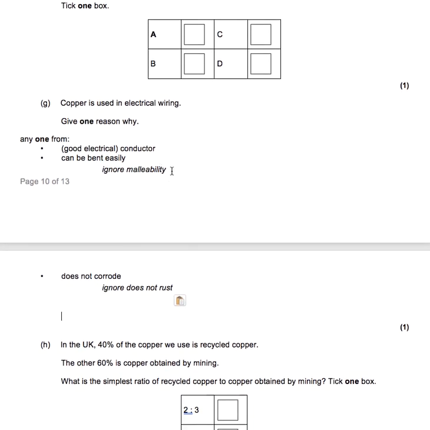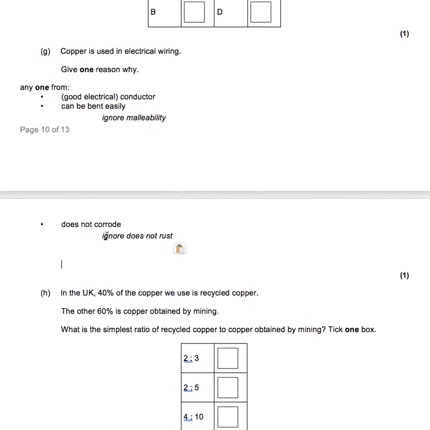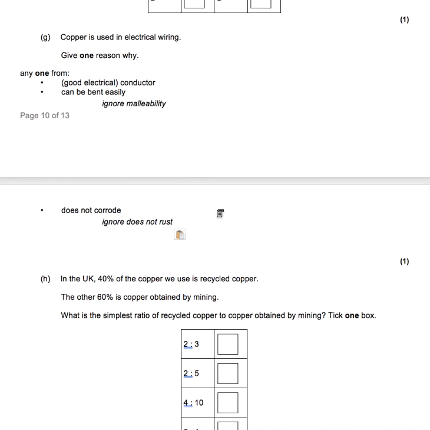Malleable, it is, but it's not relevant to this. Don't say that it doesn't rust because only iron rusts. Other metals corrode, but only iron rusts. You could also say that it's ductile, easily drawn into a wire.